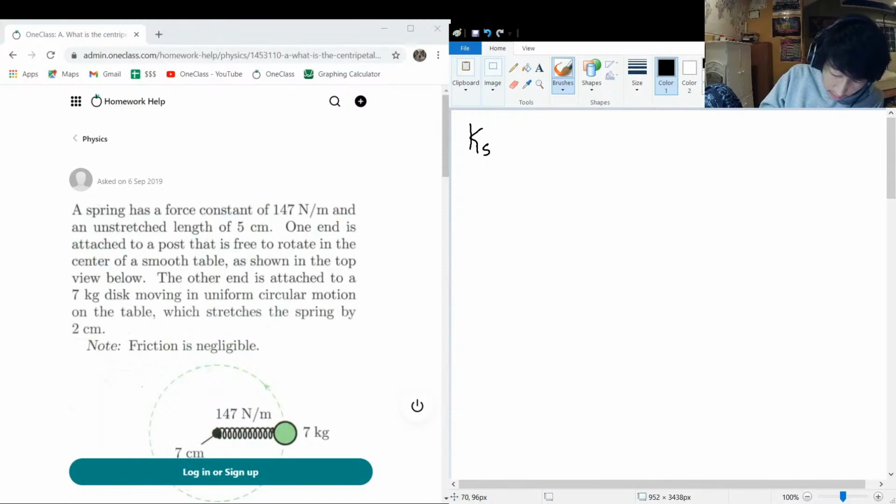We don't use C because C is used for the speed of light as well as for charge, so we don't want to be too confusing. We have 147 newtons per meter. Now we also have the unstretched length. Let's call that x0.